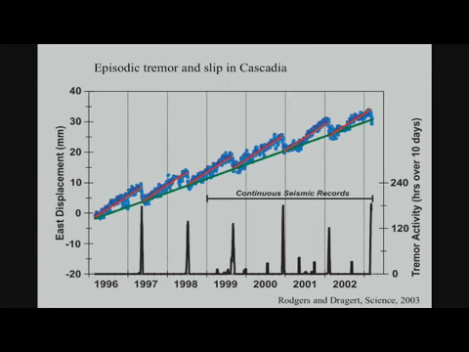And this repeats over and over again. This is very nicely demonstrated by continuous GPS stations. This is 1 centimeter, you move for about a year, and then you slip back. You move, you slip back, you move, you slip back. Very predictable, seen in Cascadia, seen in Nankai, and now seen in many other regions.